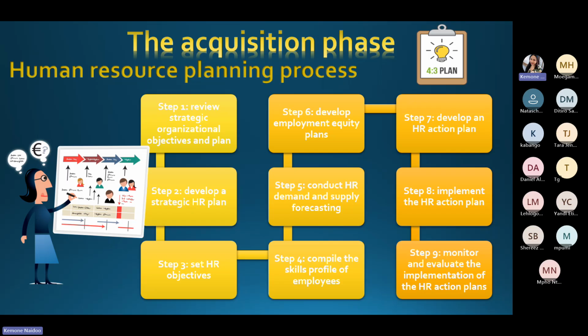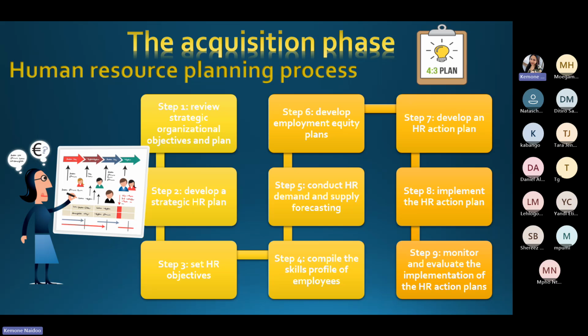Step 5, you're basically conducting a demand and supply forecasting. So here, from the information that you've found thus far, you are now going to forecast what skills you may need in order to reach your organizational goals.